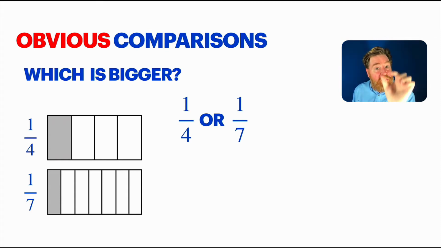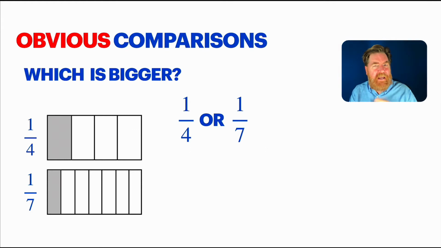Well, it has to do with the size of the pieces, right? We've got one of each, 4ths and 7ths, and it looks like a 4th is bigger than a 7th. Well, that's because in the fraction world, the more pieces you break the bar up into, the smaller the pieces have to be. Makes sense, right?